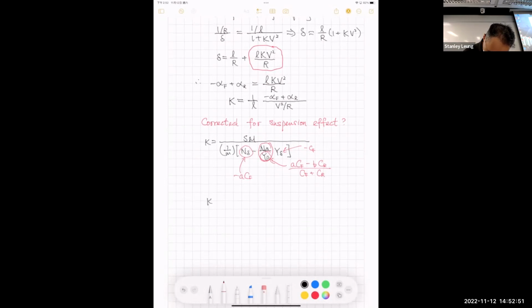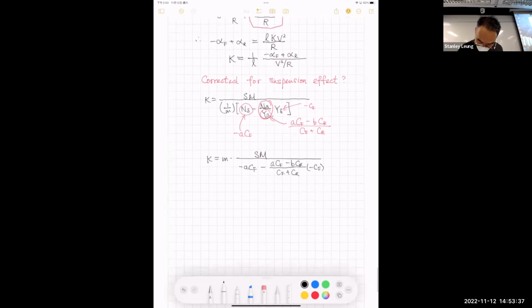Then your K is equal to m times S m minus a C F minus b C R over C F plus C R. So just substitute in everything and find the common denominator.